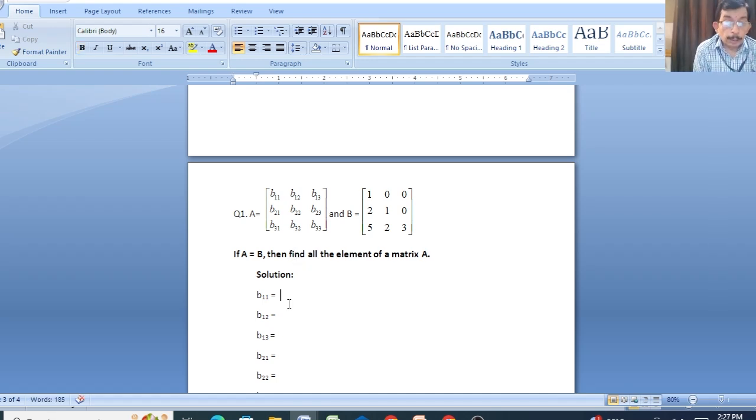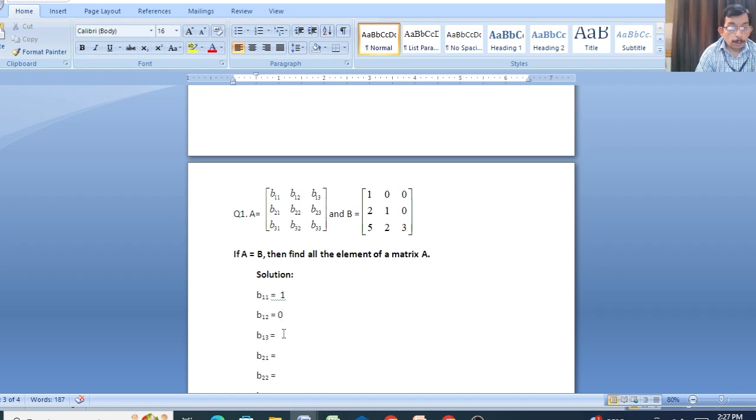So B11 is the first row, first column element in matrix A. Now the first row, first column element in matrix B is 1, so B11 equals 1. B12 is the first row, second column in matrix A. In matrix B, the first row, second column element is 0, so B12 equals 0.